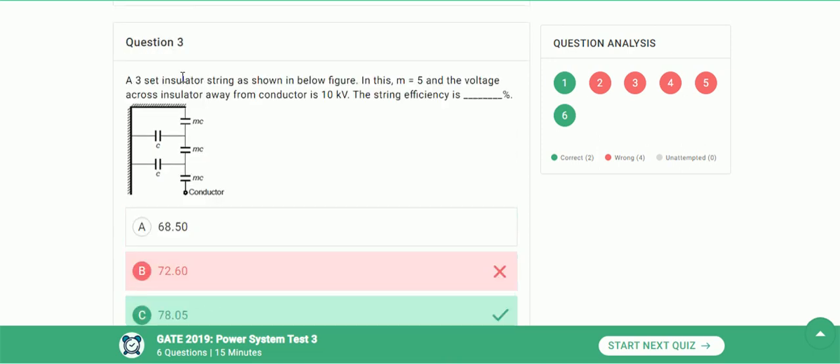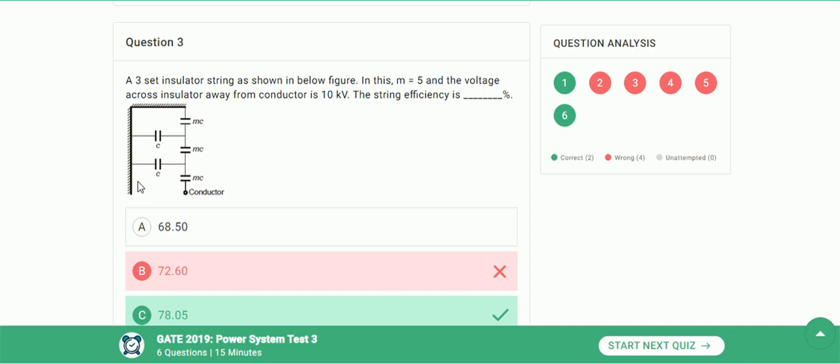A 3 set insulator string is shown in the below figure. Here we have 3 sets of insulators and m equal to 5. If m equal to 5, then the voltage across the insulator away from the conductor is 10 kilovolts.